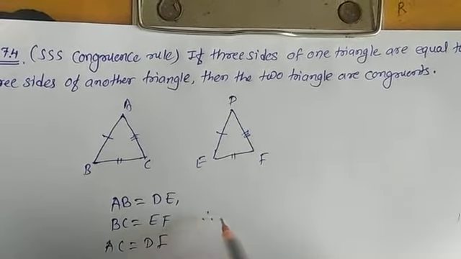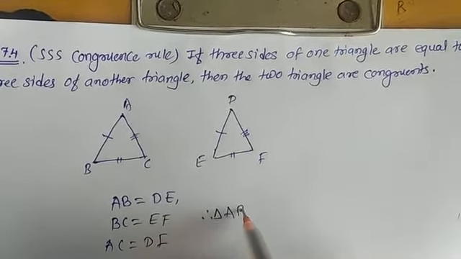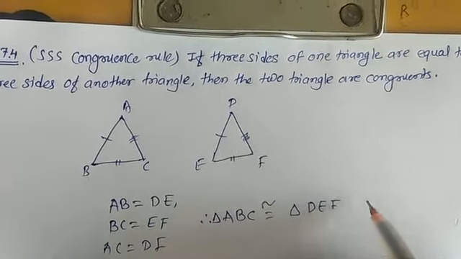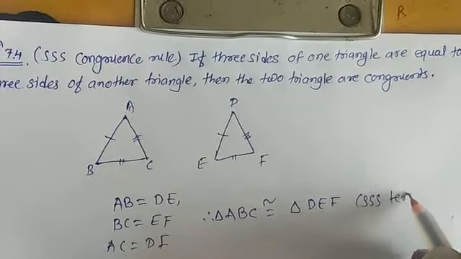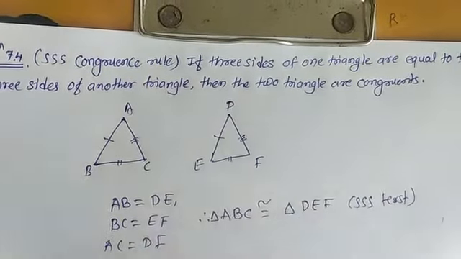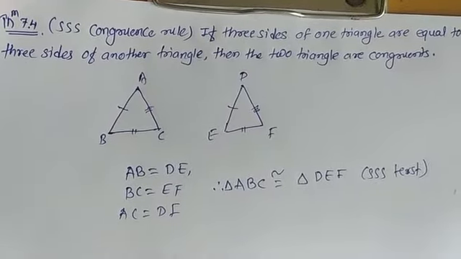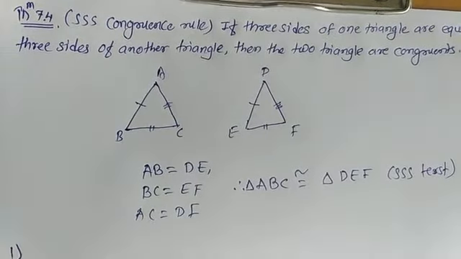Then you can say that triangle ABC is congruent to triangle DEF by the SSS test. Now we will see the example related to the SSS test.